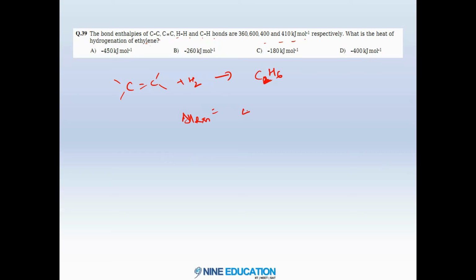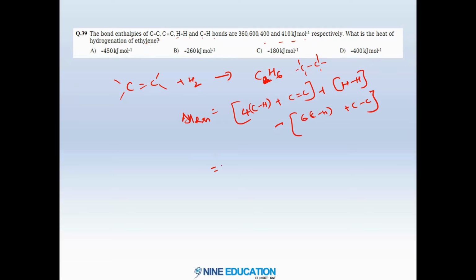There are 4 C-H bonds plus 1 C double bond C. That will be the bond dissociation of this molecule, plus the bond dissociation energy of H-H, minus C2H6, which has this structure, as you all must be aware. So it will have 6 C-H bonds and 1 C single bond C. Correct. So that will be the answer for this particular question. You just need to substitute.